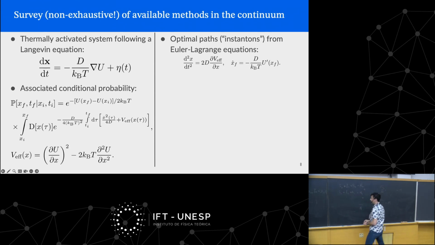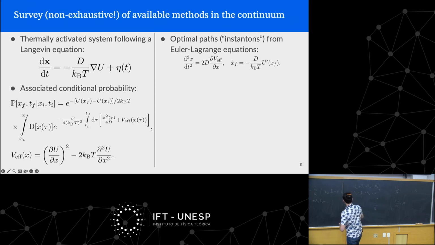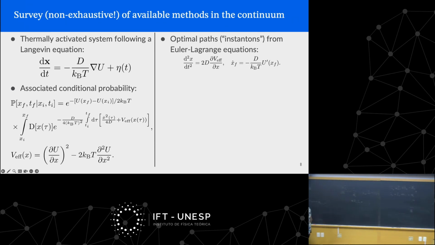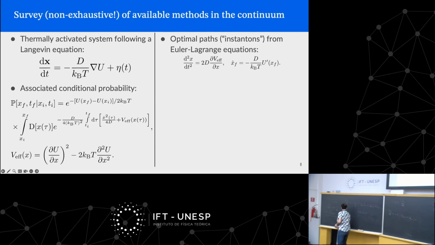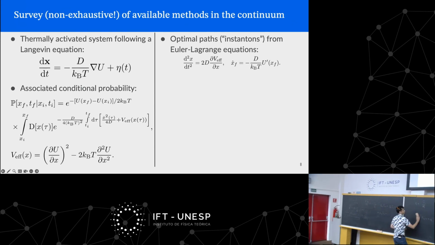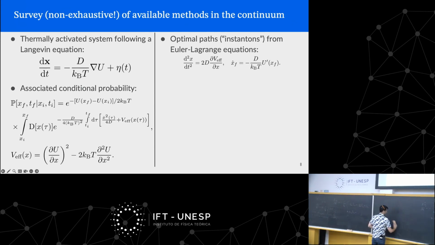Well, I'm not sure. You can use the cloth to erase if you want. The cloth? There's a cloth right there. Yeah. So there is this Langevin equation that I wrote, right? Yes.